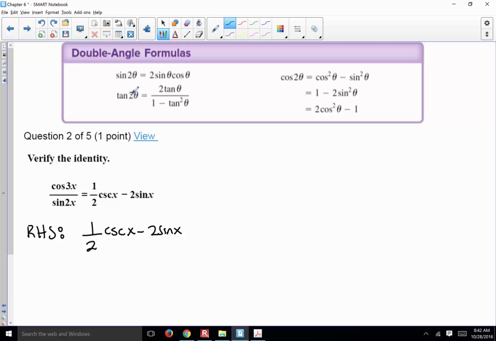No, because the formulas are meant to relate double angles into singles, and these are already single. I can't go back from this side to here. So let's go with the left side.